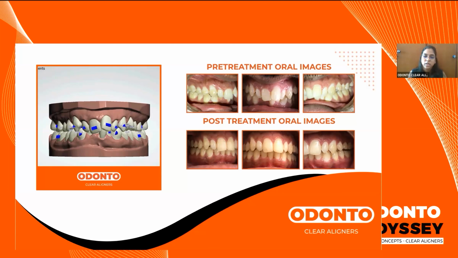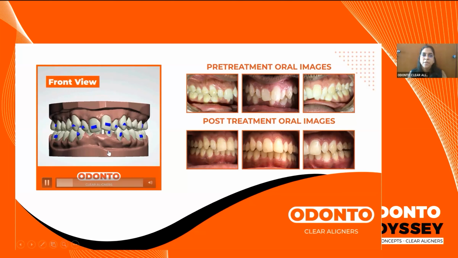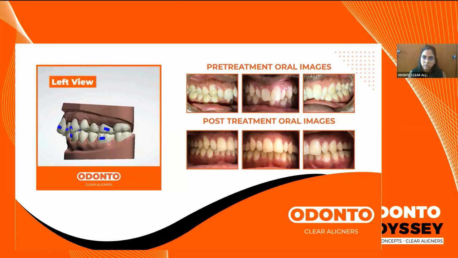We have to isolate those movements. So have a look at this video. As you see, we have to first expand in the posterior region, make space anteriorly to open up the bite, and then we start aligning the teeth.